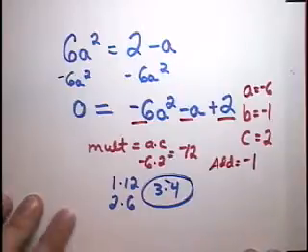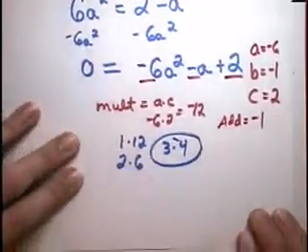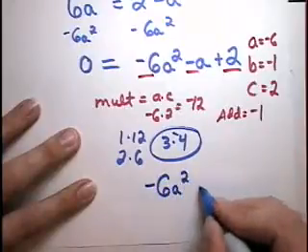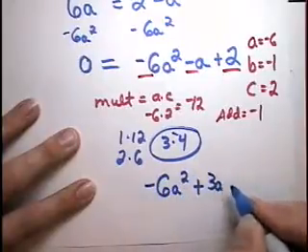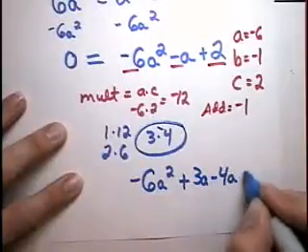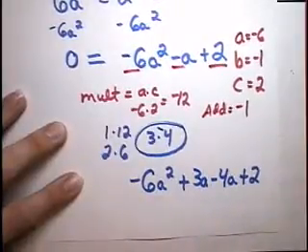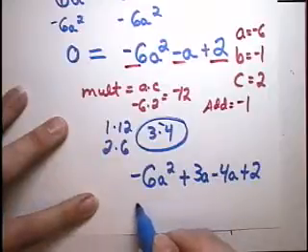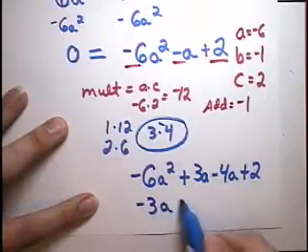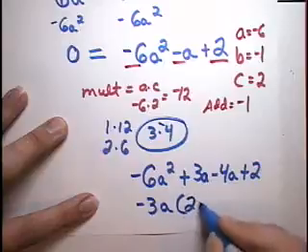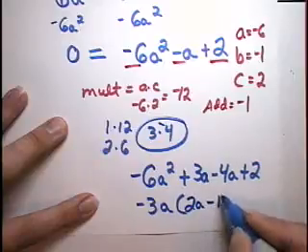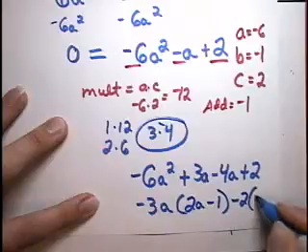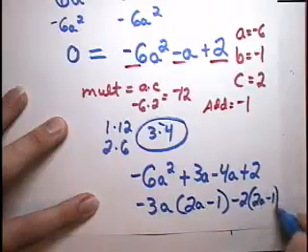So now I'm going to rewrite my middle term. So I'll have -6a squared plus 3a minus 4a plus 2. Taking out what they have in common, let's take out a -3a. That'll leave me with 2a minus 1. Take out a -2 over here to get the 2a minus 1.